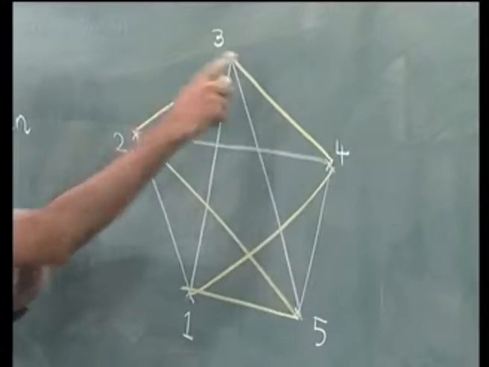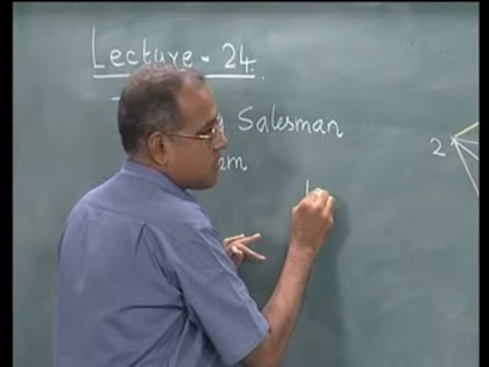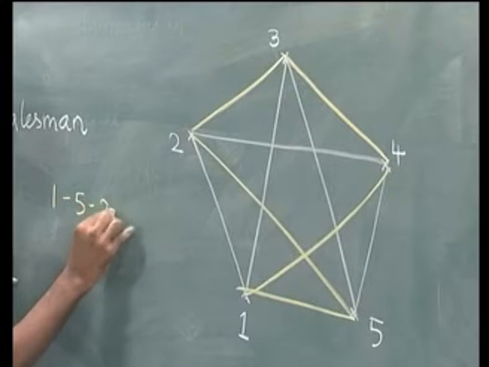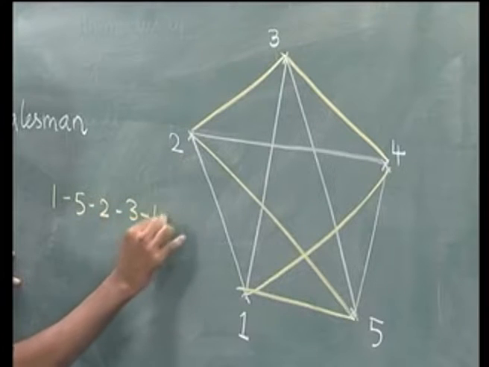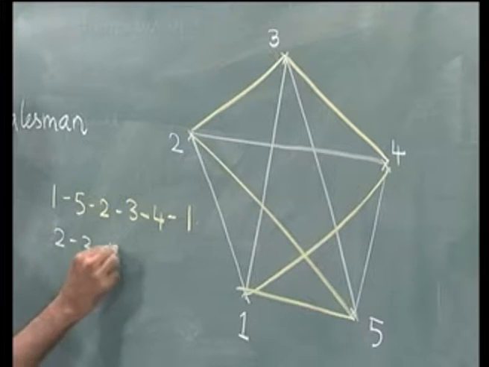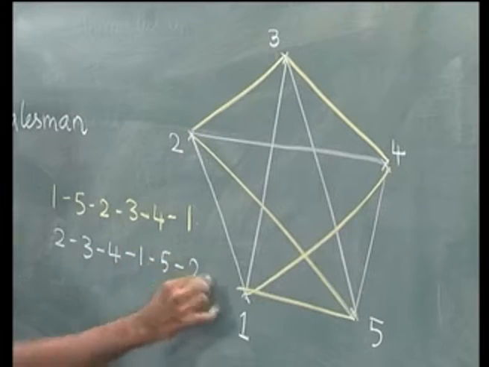So, in a 5 city traveling salesman problem, if we assume that the person starts with 1, let us say a feasible solution could be 1 to 5, 5 to 2, 2 to 3, 3 to 4 and 4 to 1. Now, we also realize that this solution is the same as 2 to 3, 3 to 4, 4 to 1, 1 to 5 and 5 to 2.